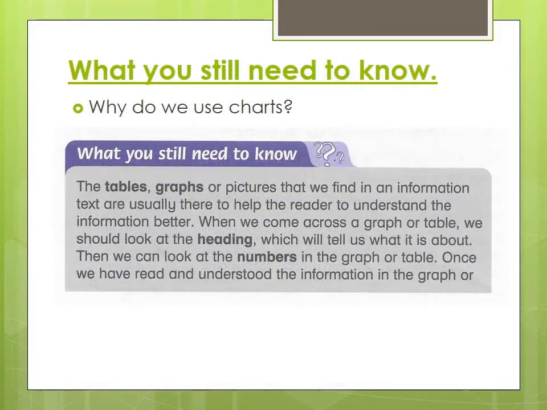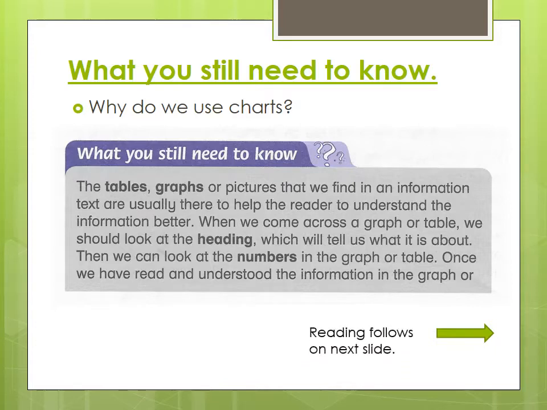Why do we use charts, tables or graphs? The tables, graphs or pictures that we find in an information text are usually there to help the reader to understand the information better. When we come across a graph or table, we should look at the heading, which will tell us what it is about.